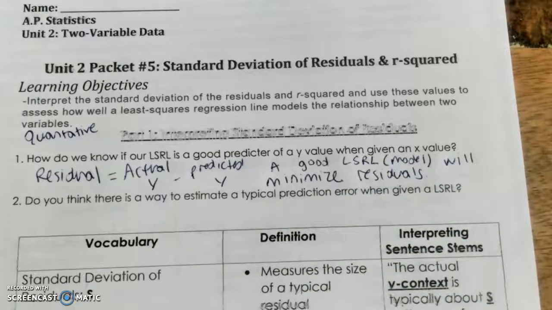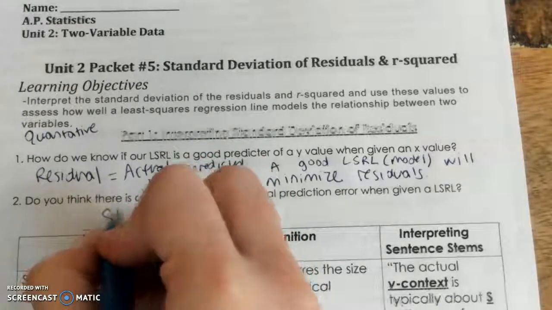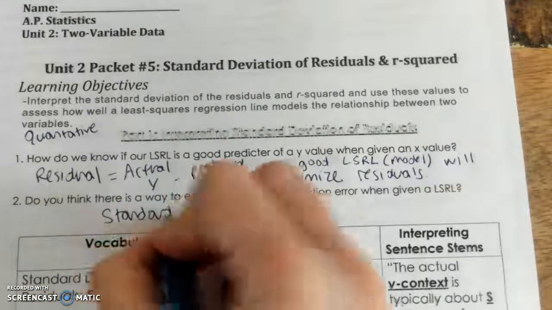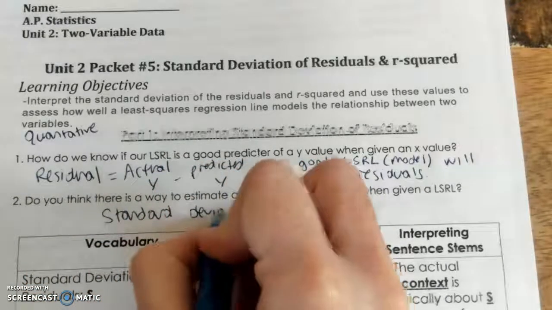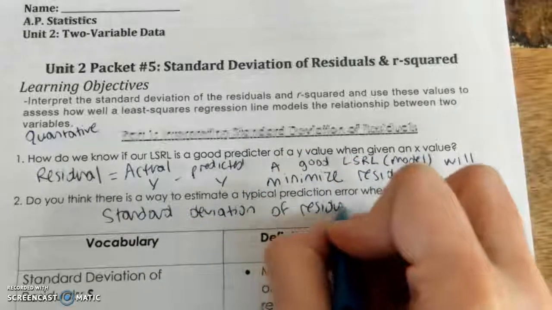Do you think there's a way to estimate a typical prediction error when given an LSRL? So I could say that my equation is usually this much off, right? And there is a way to do that, and we do that with the standard deviation of residuals. So that's what we're going to talk about first.